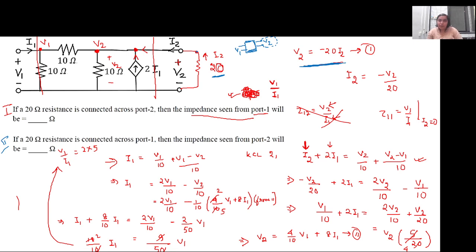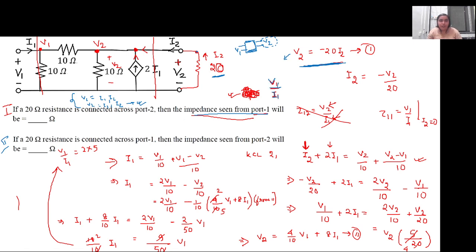Had we only retained the two-port network equations, that is V1 in terms of I1 and I2 and V2 in terms of I1 and I2, by this I mean V1 equal to Z11 I1 plus Z12 I2, like that, if we had figured out these equations from the start, we would have put this V2 in this equation and solved for V1 by I1, since we need the impedance as seen from port 1. So this ratio will be equal to V1 by I1.